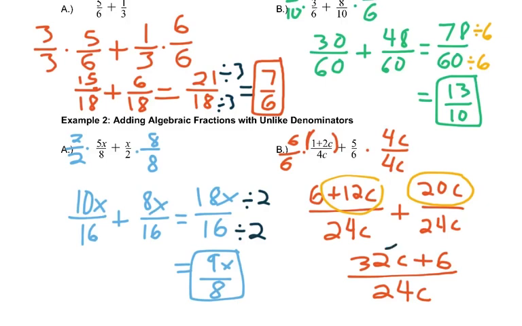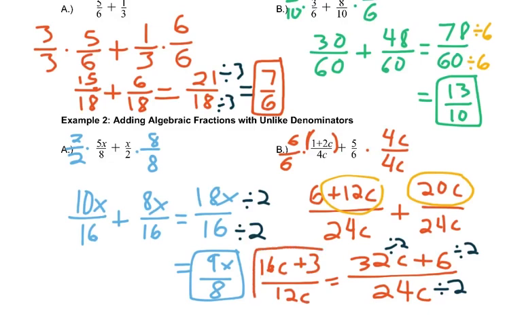So I can divide all of these by 2, and I'm running out of space. But let's see if I can do it over here. So 32c divided by 2 would give me 16c, and then 6 divided by 2 would be 3, over 24c divided by 2 would be 12c. And now they don't have common factors because 3 only has 3 and 1 as factors, but 16 isn't divisible by 3. So that's the simplified answer.